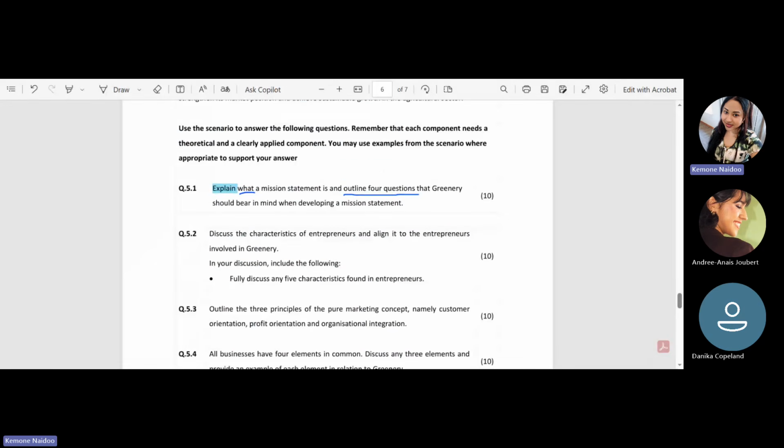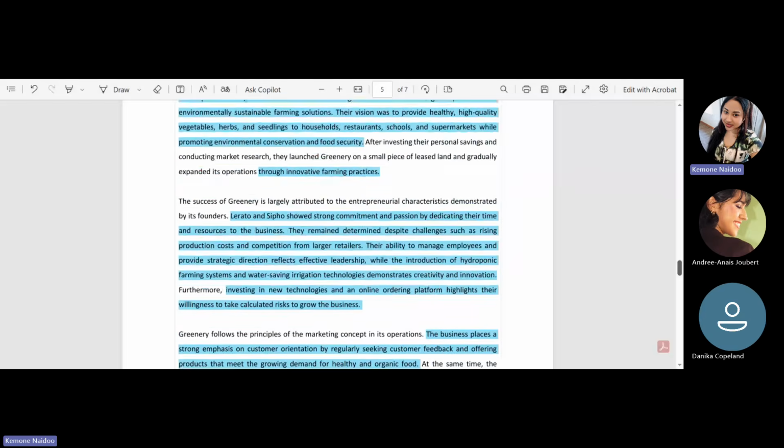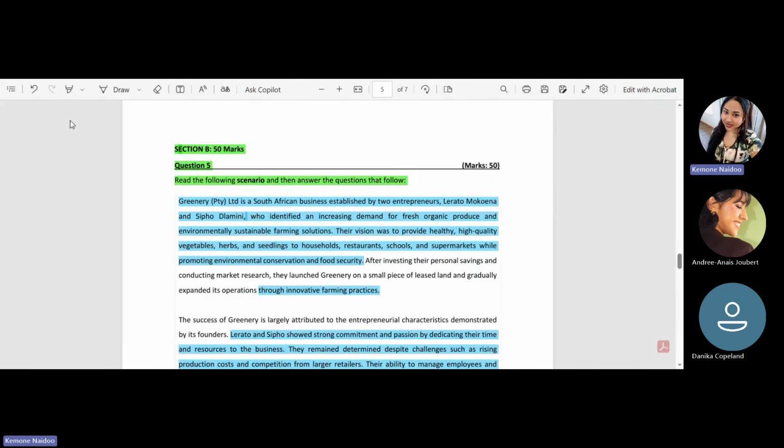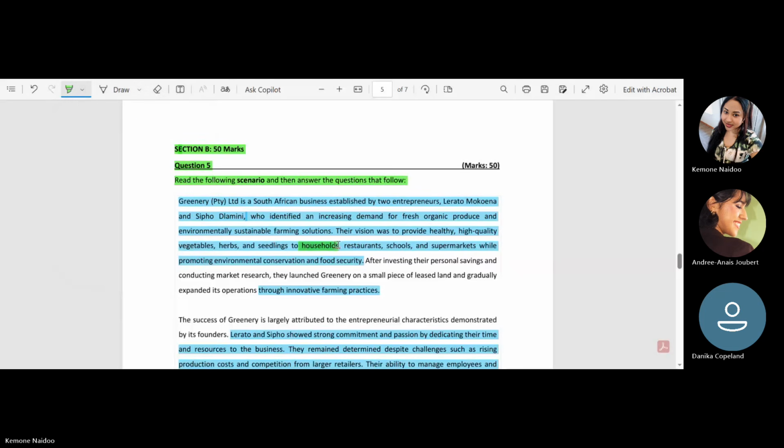If we look at who are the customers, again, you will be able to find this in the case study. So households, restaurants, here they say households, restaurants. Okay, that's who they are focusing their product on.